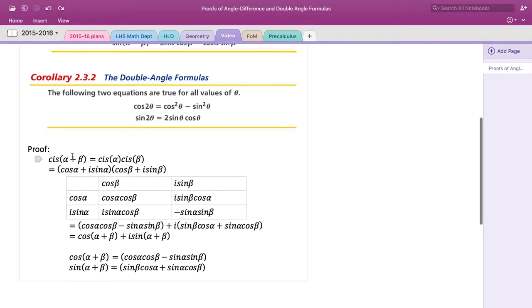So we can use the same proof, the same format. Instead of having alpha plus beta, we have alpha minus beta. So we should have CIS alpha times CIS minus beta. So it should be cosine beta minus I sine beta.